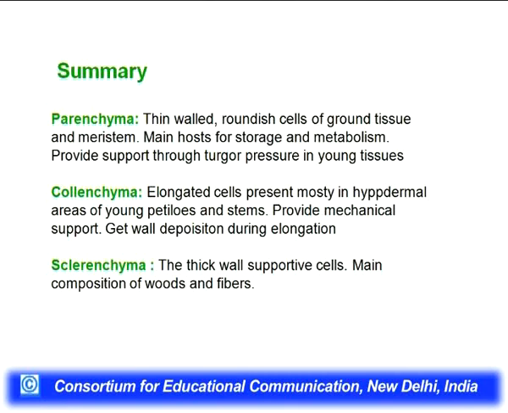Sclerenchyma are very economically important tissues; all the fibers come from sclerenchyma, what you eat is mostly parenchyma, and what keeps the leaves erected or the young stems held up are all collenchyma.